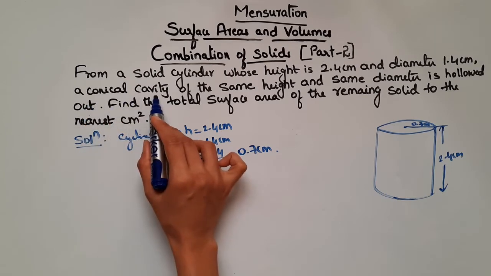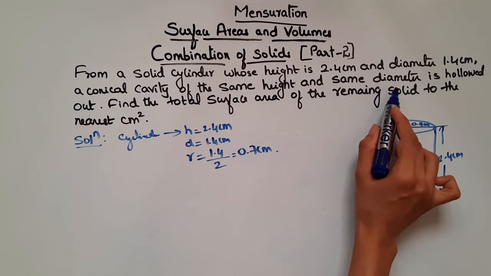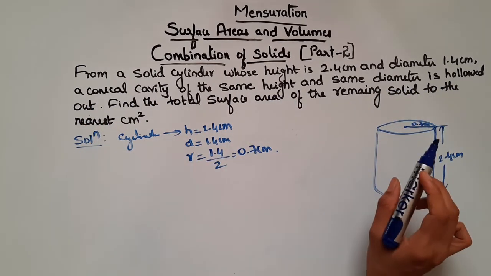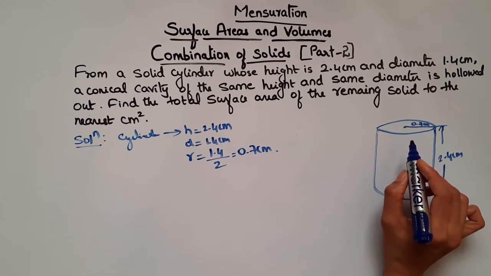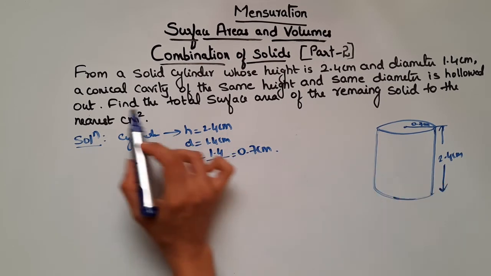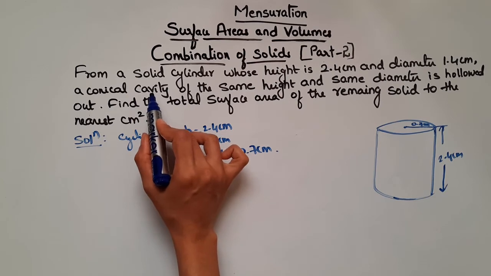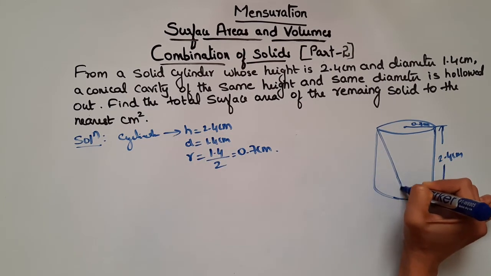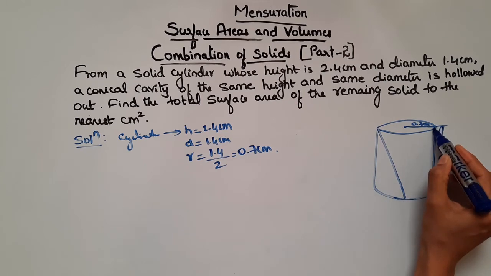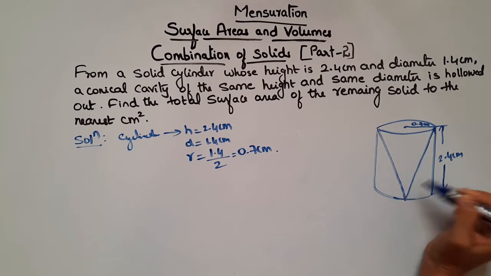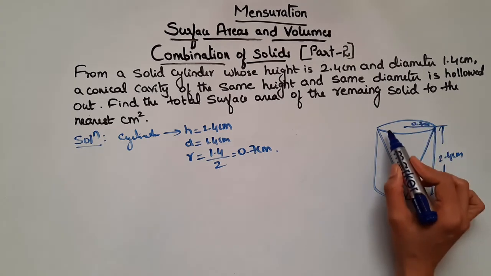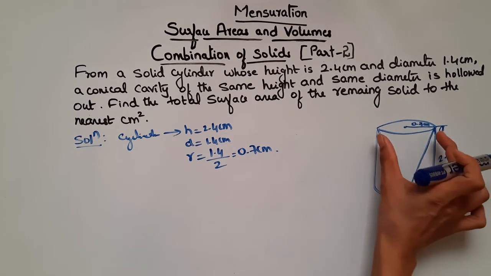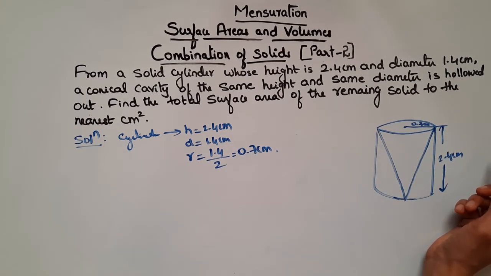A conical cavity of same height and same diameter is hollowed out, which means it's like scooping out ice cream from a container. Here you have to take out a conical cavity. That is like this. Of same height, that means it should reach till the end. And same diameter, here the diameter is also same, right? So you have to take this part out.